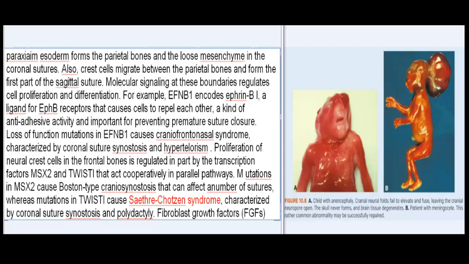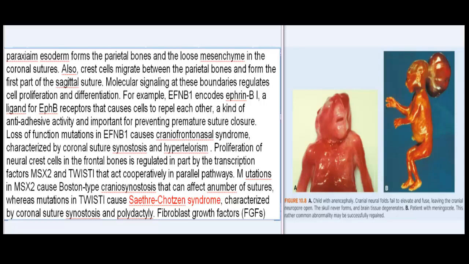Proliferation of neural crest cells in the frontal bones is regulated in part by the transcription factors MSX2 and Twist that act cooperatively in parallel pathways. Mutations in MSX2 cause Boston-type craniosynostosis that can affect a number of sutures, whereas mutations in Twist cause Saethre-Chotzen syndrome, characterized by coronal suture synostosis and polydactyly.